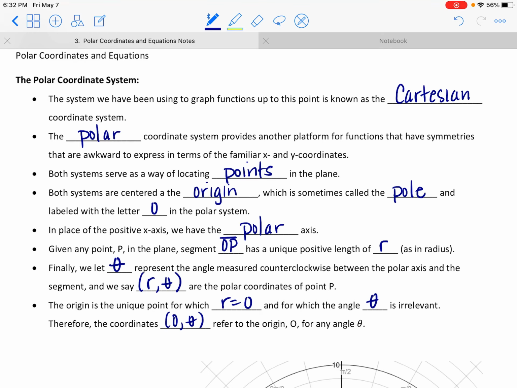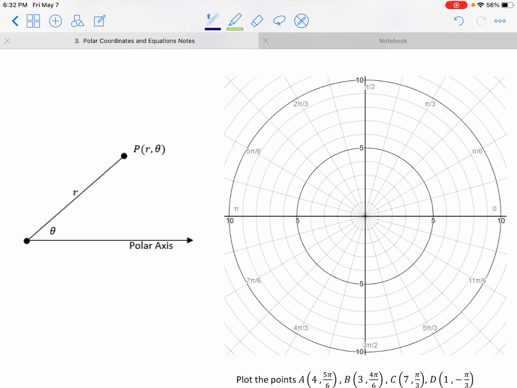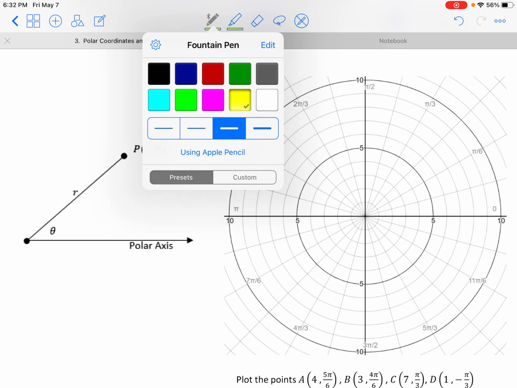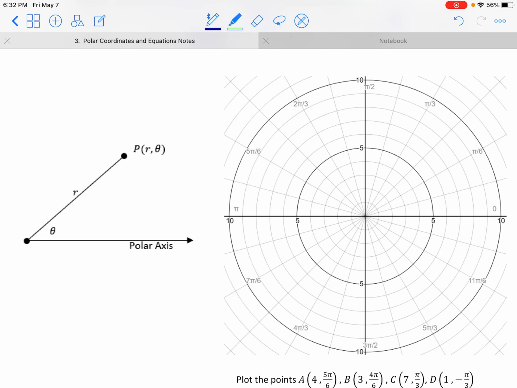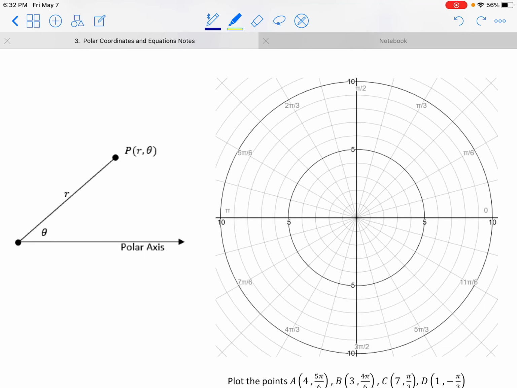Okay? So let me try to paint the picture for you a little bit better now that we've got the words out of the way. In the polar coordinate system, we are looking at a polar axis instead of the positive x-axis. That's just a change of verbiage. Then you have some point out here in your grid, and between the origin, that's this point here, and that point, you can create this segment, and it's going to have a unique length, which we will call r.